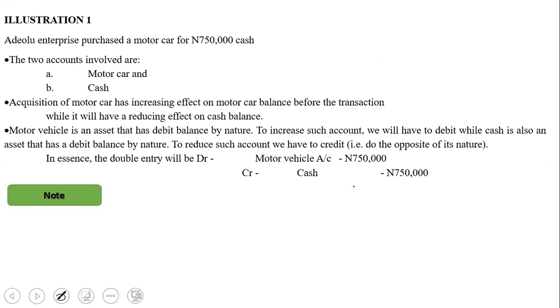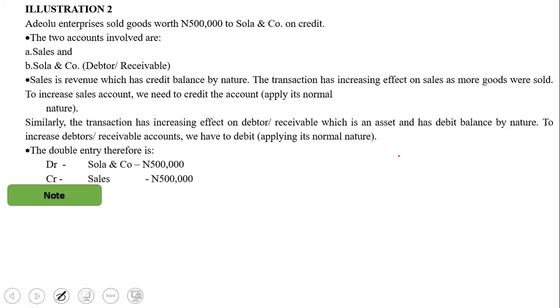This illustration I've done earlier, you can see here two accounts involved. Adeolu purchased motor van and cash. Motor van is an asset, is increasing with debit, and then with credit cash, which is reducing.